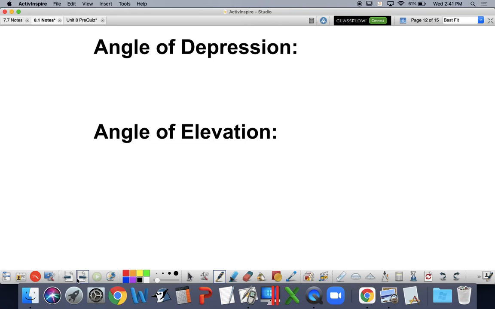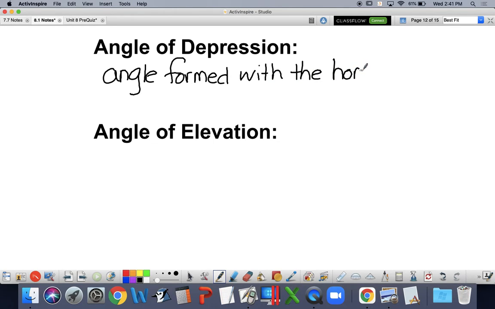So the angle of depression is the angle formed with the horizontal, always kind of the same. The thing that makes it the angle of depression, not that it's sad, is that it's the angle formed with the horizontal when you're looking down. So think you're up in a hot air balloon, or in an airplane, or flying a UFO, whatever.